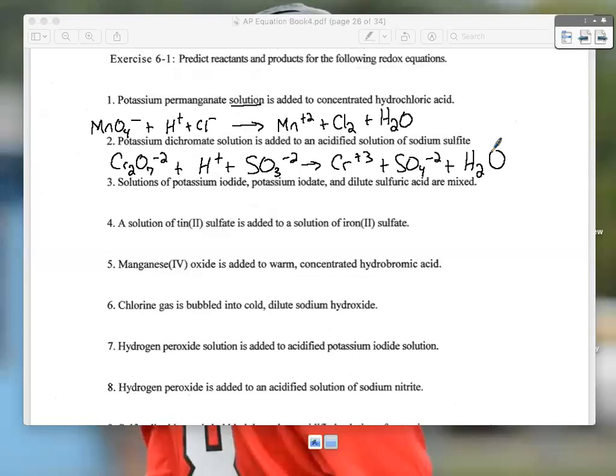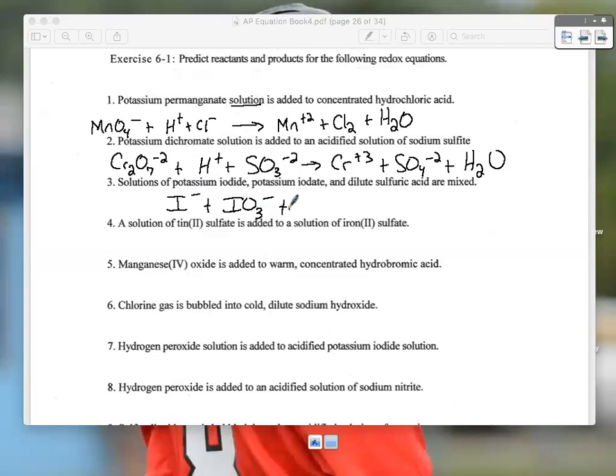Correct. Solutions of, so that means what do I need to do with the potassiums? Just ignore them.